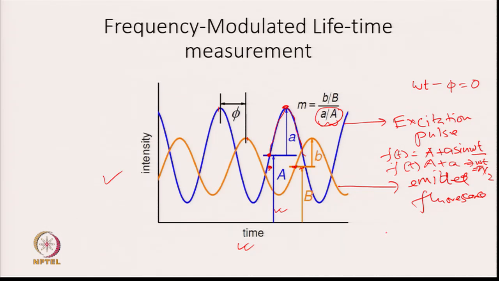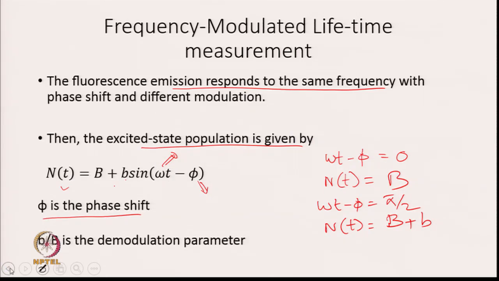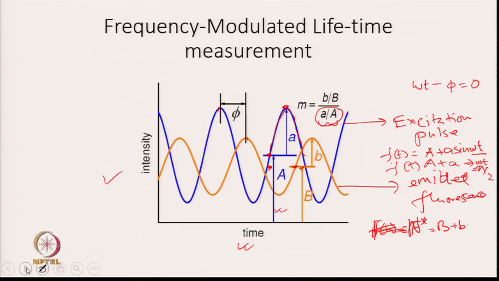In that case, if you remember, your fluorescence, or N star, is basically given by B plus b sin(ωt − φ).